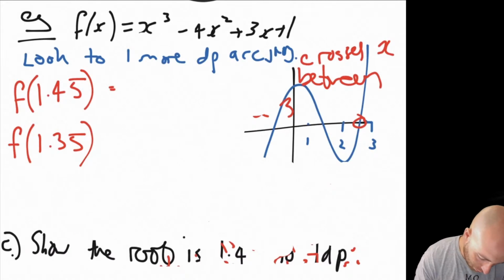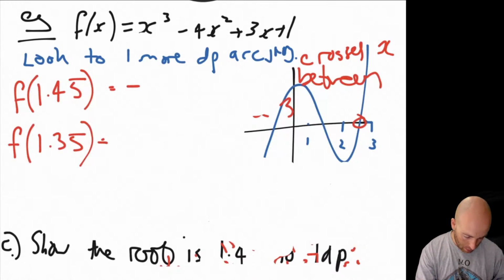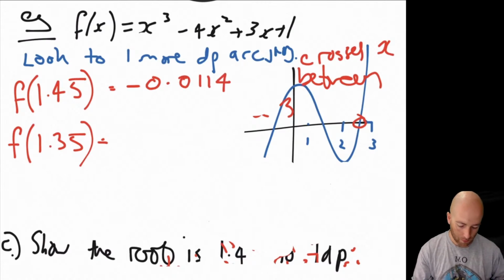So for this I'm going to want to use the calculator. So I'm going to do 1.45 cubed minus 4 lots of 1.45 squared plus 3 lots of 1.45 plus 1. And if I work that out, I get minus 0.0114. Going to do the same thing with 1.35.